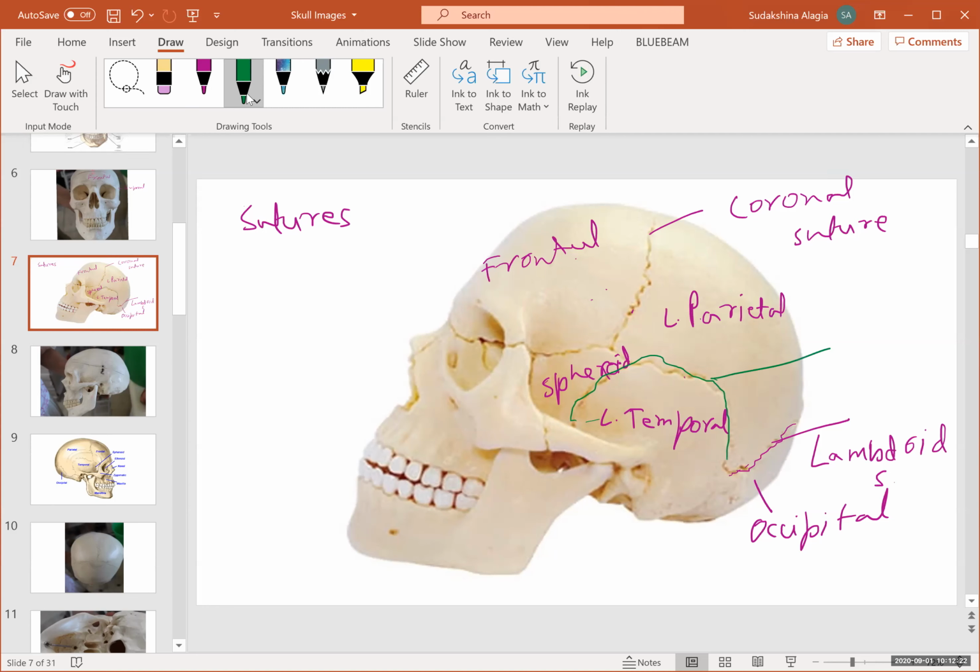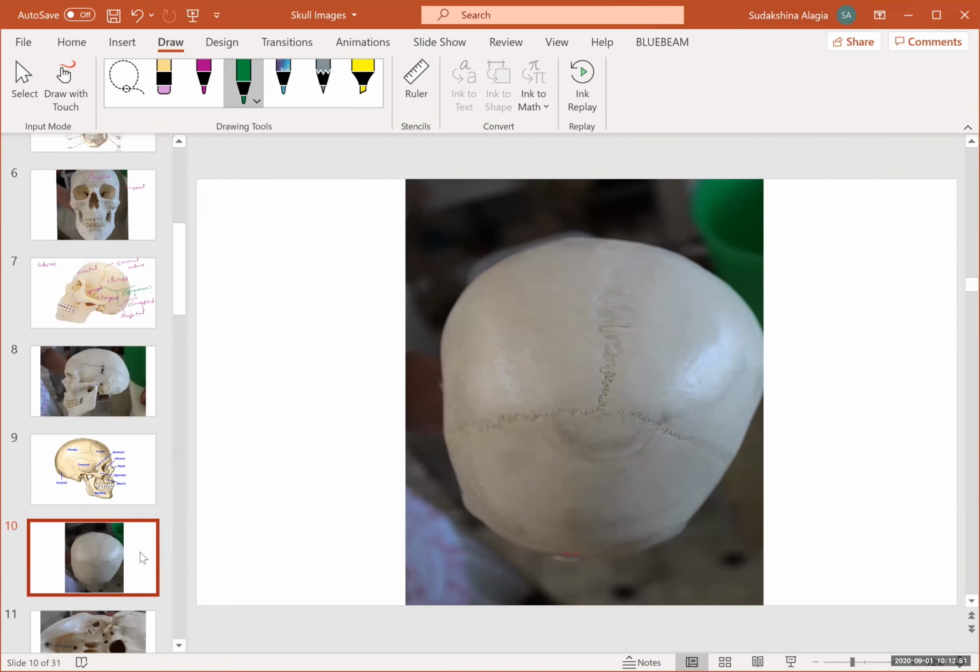Then this suture between the parietal and temporal, mostly, we refer to as squamous. We have heard this term before: flat, scaly, squamous suture. So 4 sutures: coronal suture, lambdoid suture, squamous suture, and there is a suture between the 2 parietal bones, which is visible only when you are looking right on the top.